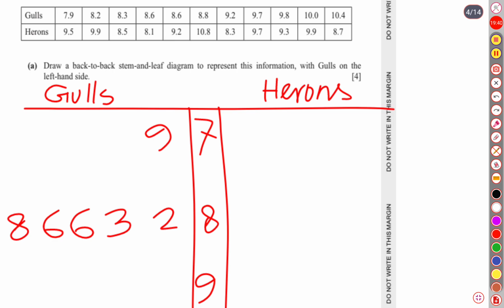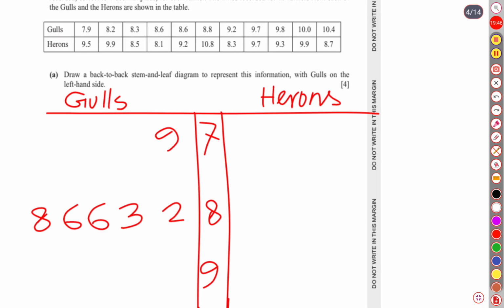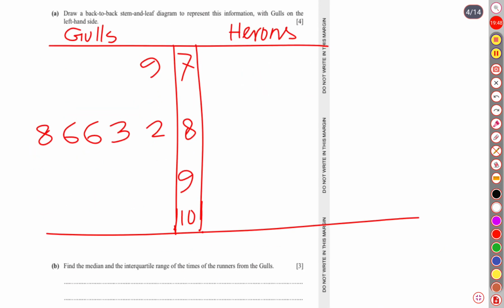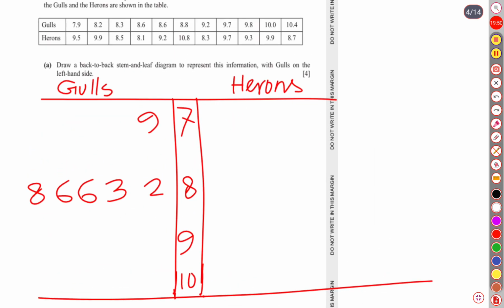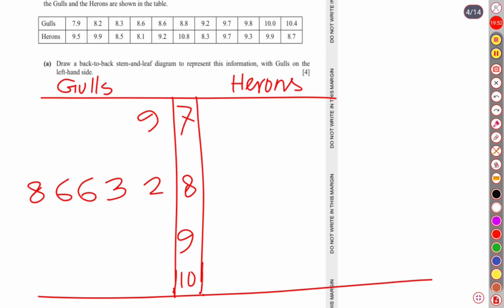So let us write 2, 7 as well as 8. Then after 10 there is 0 as well as 4.